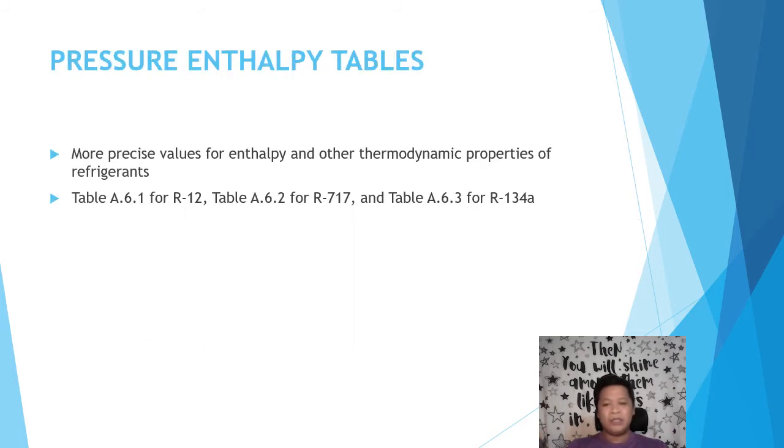So although we could use the charts and ruler and paper para solve ng problems, another thing we could do is use the pressure enthalpy tables in the same way we use the steam tables, no. So in Singin-Hellman there are appendices for this one, but I think you can also find other stuff online, and actually sa online minsan meron ng mga calculators for this one, even for the steam tables na imbes na mag-interpolate kayo, isusuka na lang nila sa inyo yung values for the certain temperature or pressure you're looking for.